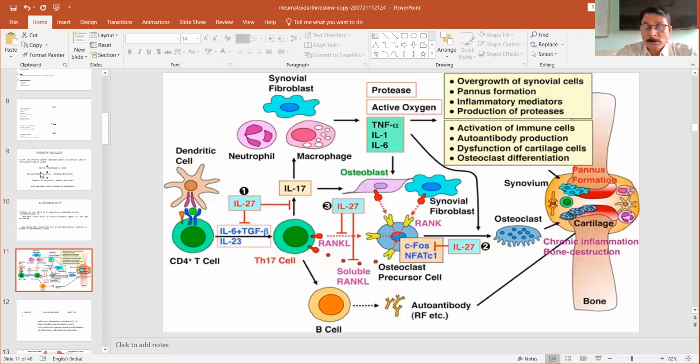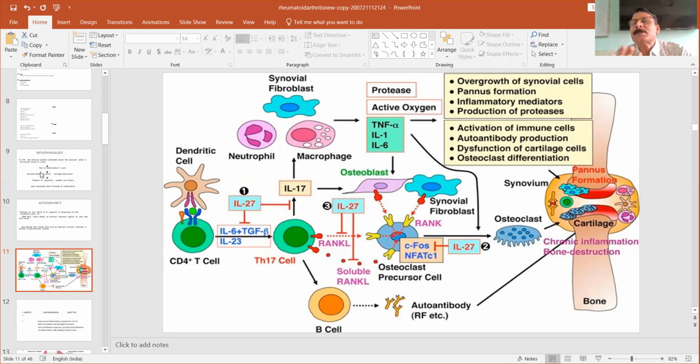Why it happens, we don't know, but there are various cascades of events. In another discussion we'll talk about how it happens, what the gate system is, and how a controlling mechanism is lost. This sort of autoimmune process is not unusual, but there is a controlling system to control it, from the periphery and from the central.